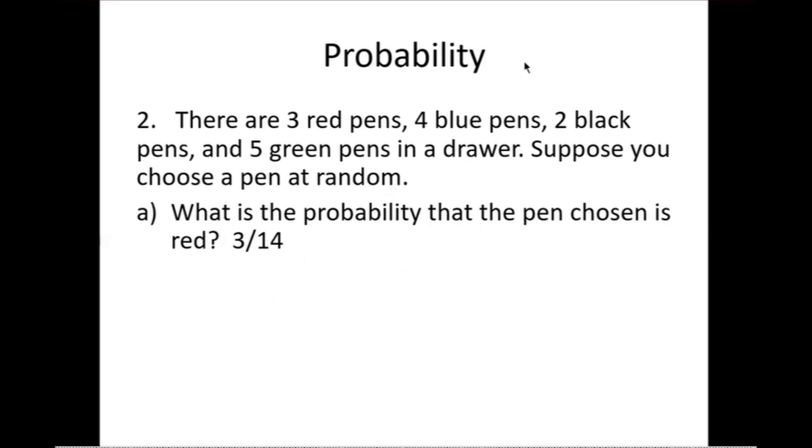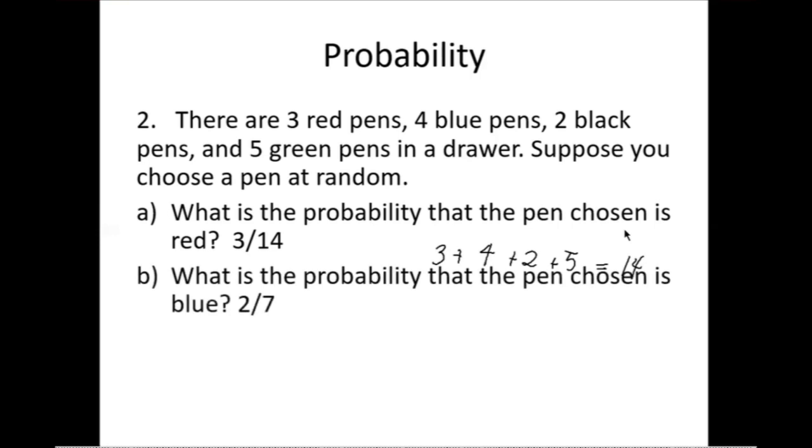Saan lang galing yung 14? Kasi meron tayong 3 na red, 4 na blue, 2 na black, at 5 na green. So, pag kinuha natin yung total nun, ay magiging 14 lahat ng pens. So, 3 red out of 14 pens. Okay?